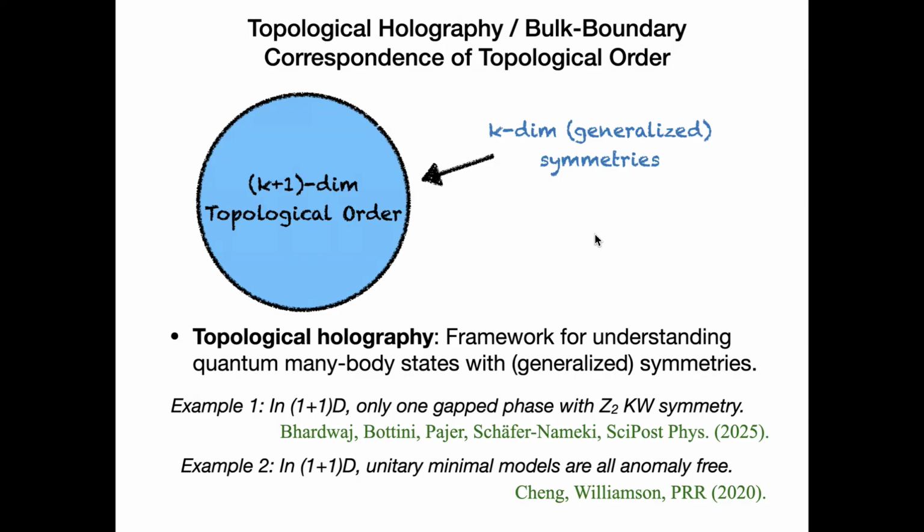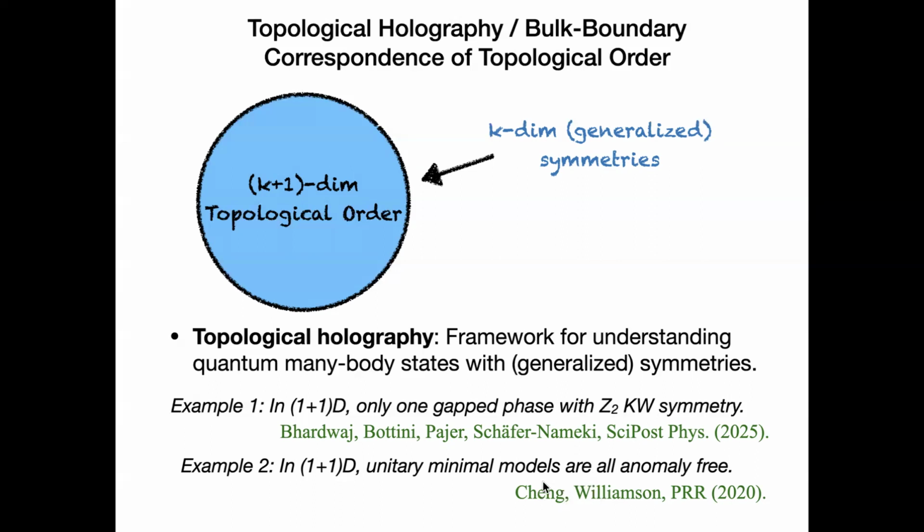I guess ordinary zero form symmetry. But in 1+1D, there aren't many others. Of course, the Kramers-Wannier duality symmetry should be excluded, I think. So it should be ordinary zero form symmetries.